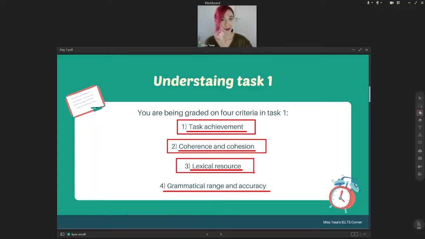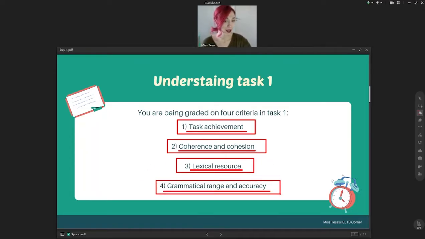Lexical resource is just a fancy way to say vocabulary. Is your vocabulary good enough to talk about the topic at length? Are you using the same vocabulary over and over again? Or do you have a wide vocabulary, right? All of this goes into lexical resource.